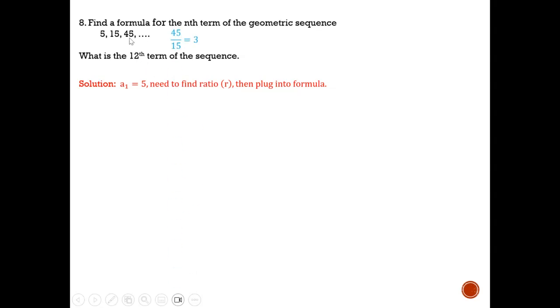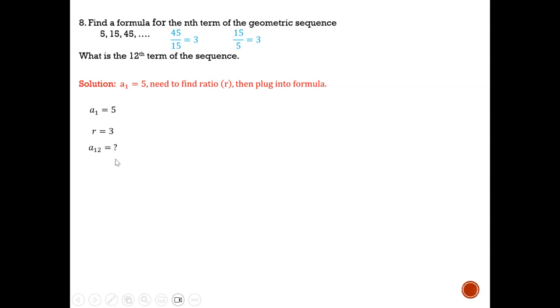Let's divide. For the arithmetic sequence, it's subtraction. For the geometric sequence, it's division. So 45 divided by 15 is going to give us 3, and then 15 divided by 5 is going to give us 3. So we know that the ratio is 3. A1 is 5, and the ratio is 3.